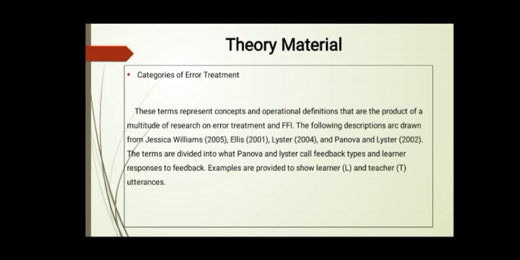The terms are divided into what Panova and Lyster call feedback types and learner responses to feedback. Examples are provided to show learner (L) and teacher (T) utterances.